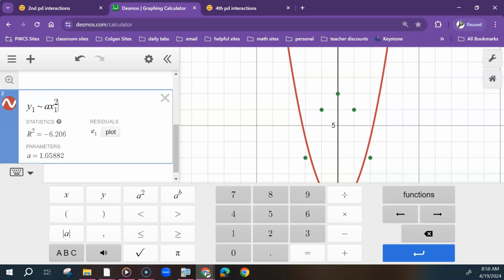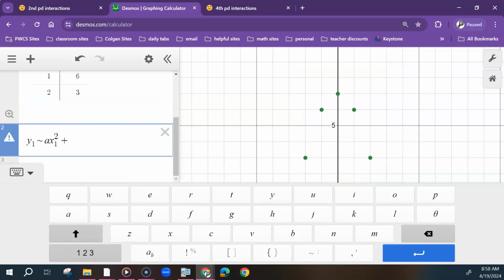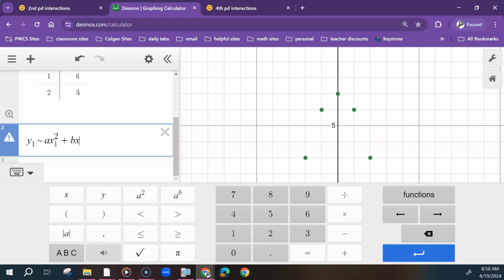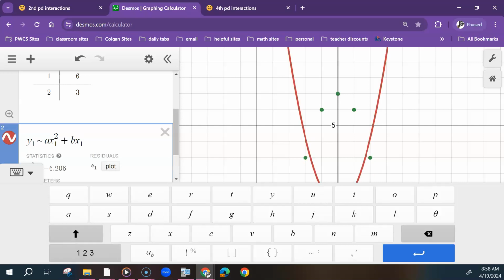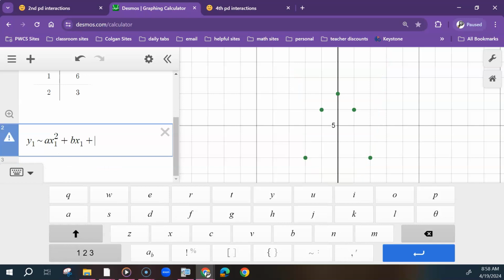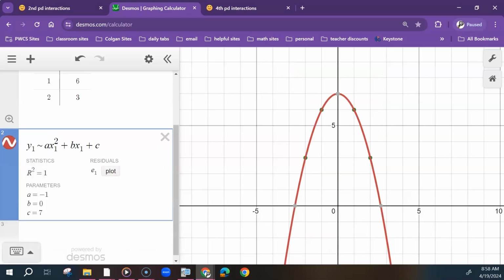Plus bx1, and then plus c. And you'll get that curve of best fit, and you should get the same coefficients and constant for your equation.